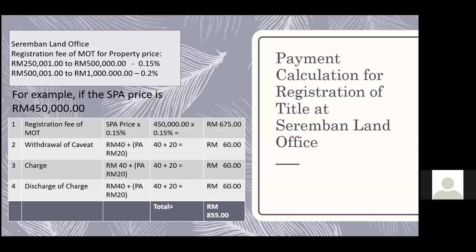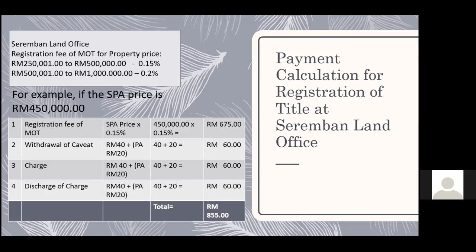Okay, so this one is the payment calculation for registration of title at Seremban Land Office. For the registration fee of MOT, for property price range between 250,000 to 500,000, the fee will be 0.15% of the property price.